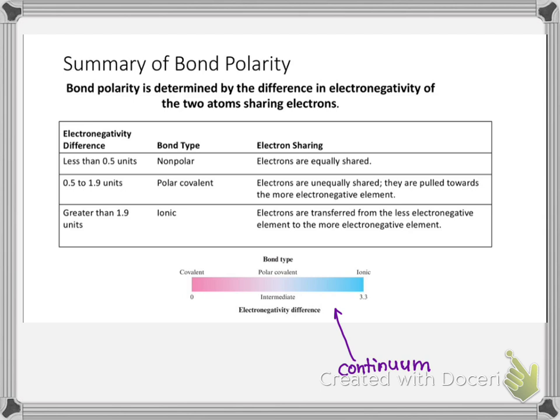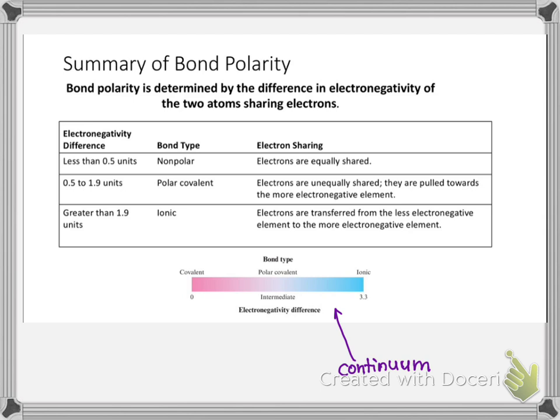So that's a continuum. To help us when we're trying to organize things, we come in and we make some lines up. We try to draw some boundaries so we can classify the different bonds. And so this talks about using the difference between two atoms because we're talking about bonds here. We can subtract the difference in electronegativities, and then using that difference in those values, we can classify the type of bond that it is.